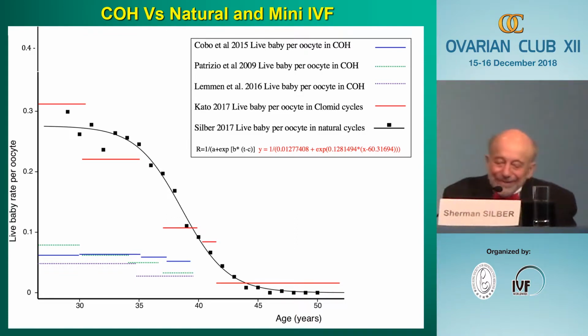And it's really 4 to 5 times lower per egg, not per embryo or per patient, but 4 to 5 times lower per egg. It's very, very robust data. I mean, this is not controversial. So again, by freezing oocytes, you're not going to have a very high pregnancy rate per oocyte if you try to stimulate to get a huge number of eggs. But if you go with minimal stimulation, the pregnancy rate and live baby rate per oocyte will be extremely high.